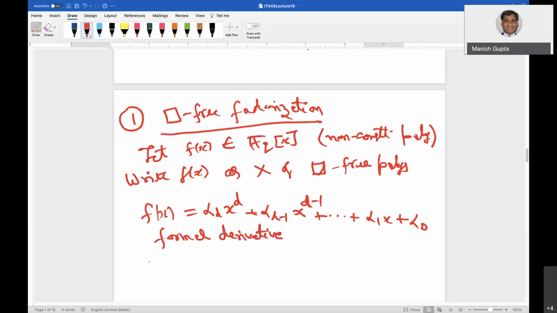Formal derivative, we can define it like f dash of x is equal to d times alpha d x raised to power d minus 1.